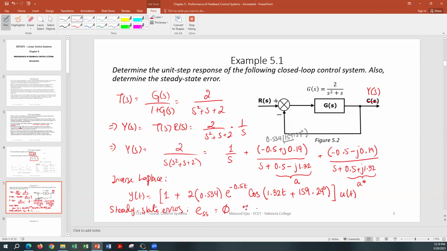Since R(t) is equal to u(t), which is 1, and Y steady state is equal to 1, which implies E steady state, which is R steady state minus Y steady state, equals 0.